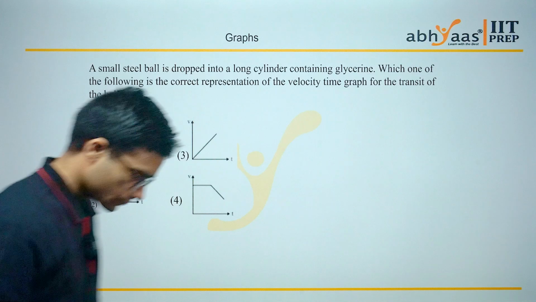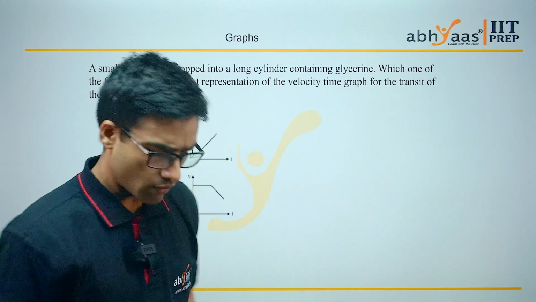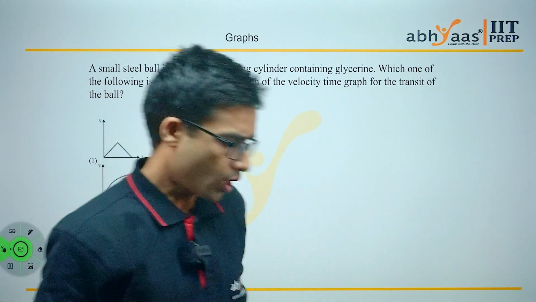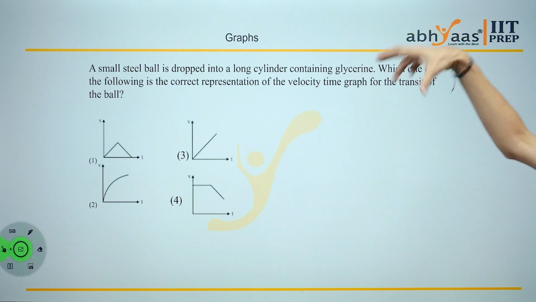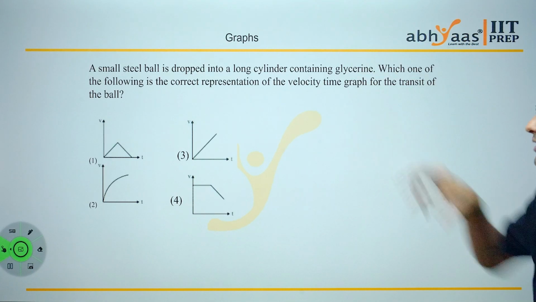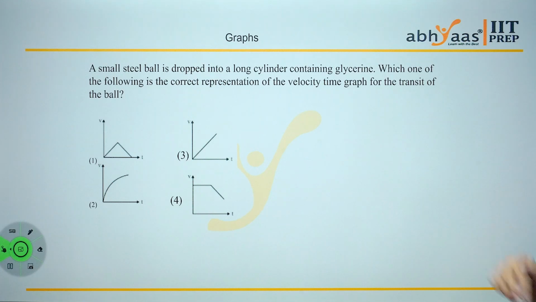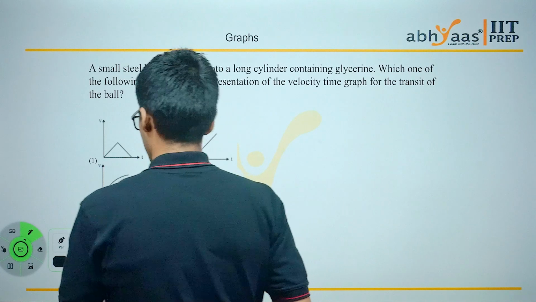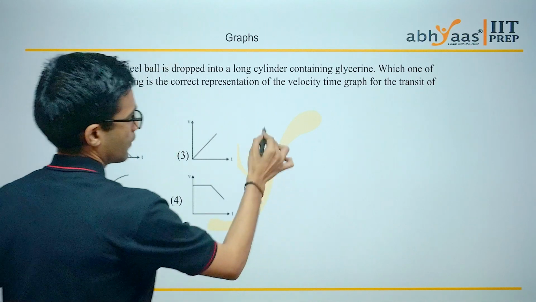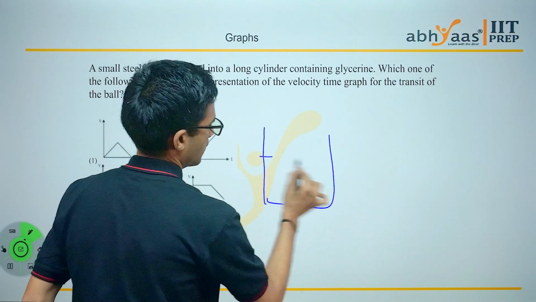Here a body is falling, a spherical ball, into glycerin. Which one of the following is the correct representation of the velocity-time graph for the transit of the ball? Here I'll tell you. For example, a ball is coming like this.